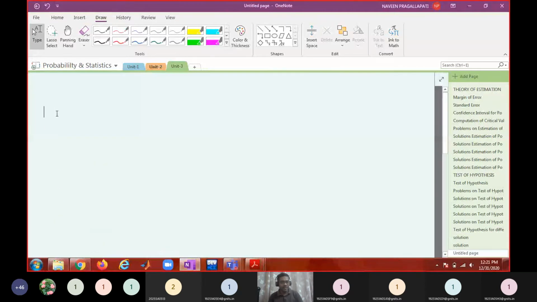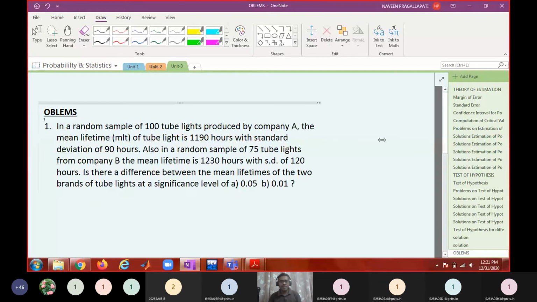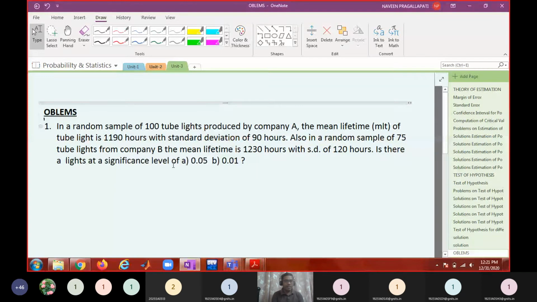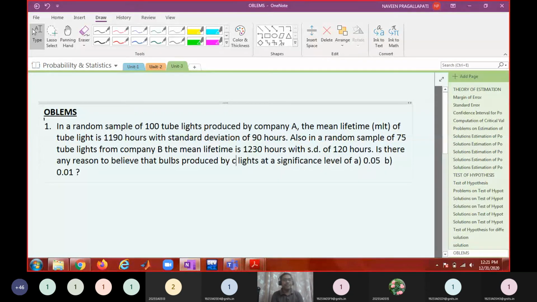Same question, suppose I ask like this: is there any reason to believe that the bulb produced by company B is superior to that of company A?